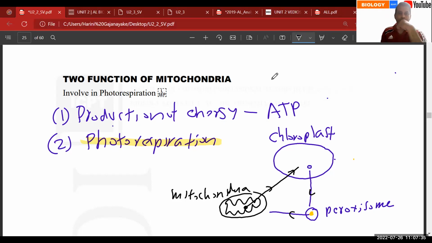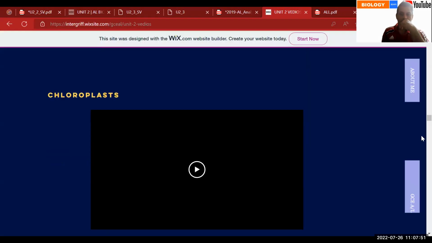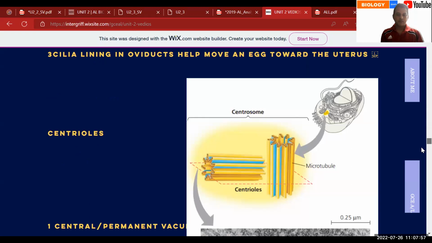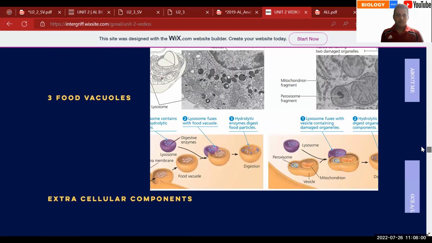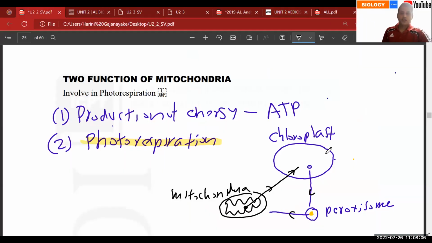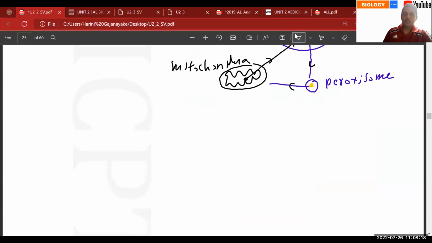Okay, I think it's enough for the mitochondria, and the only thing is we want to find why mitochondria has 70S ribosome and circular DNA. It's like this.